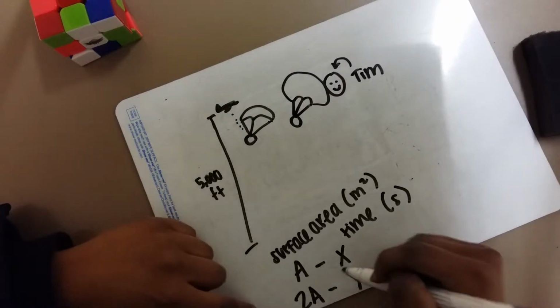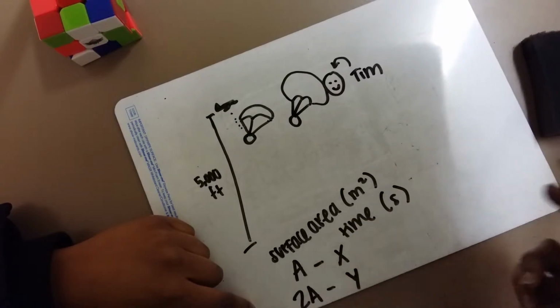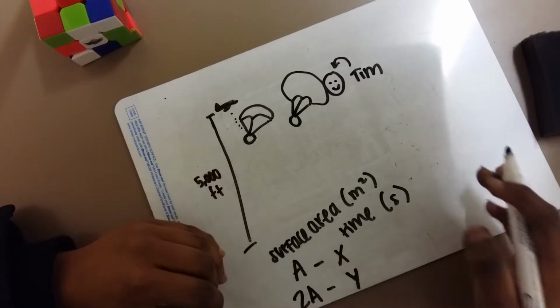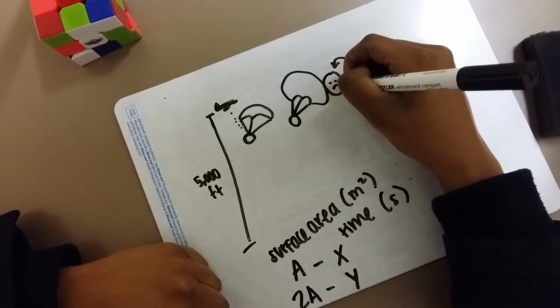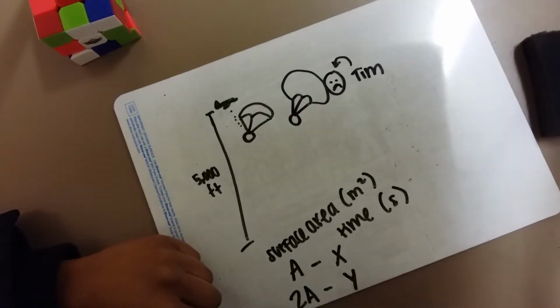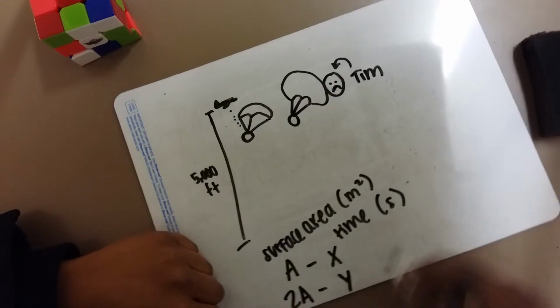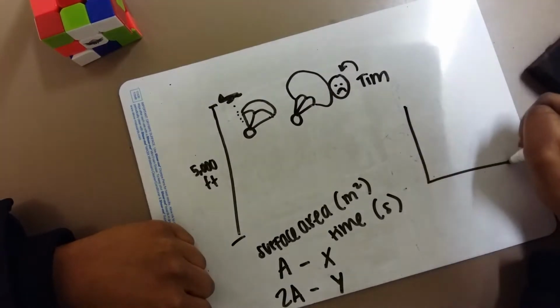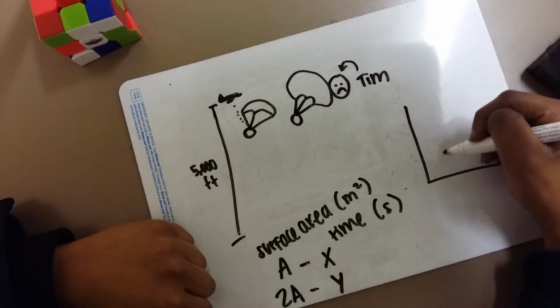So if we plot a graph of this data and we did the same thing over and over again with, let's say, 3A, 4A, 5A, 6A, all the way as far as we could until Tim eventually is just too terrified to keep going. If we plot the graph, we would see, although we probably already knew, that as the surface area of the parachute increases, the time taken for the fall increases also.